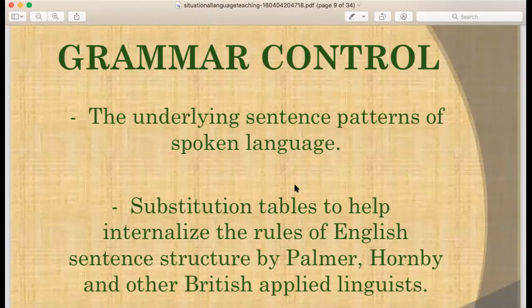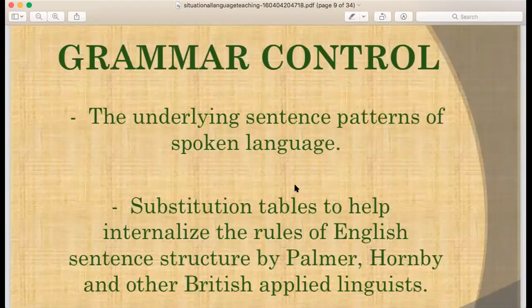This is the difference between audiolingualism and SLT. SLT believes in commonality between languages, whereas audiolingualism believes in the differences. If the differences were worked on, it would be easy for the learners to learn the language. And here in SLT, it is a belief that grammar is significant in all languages because all languages share universal grammar.